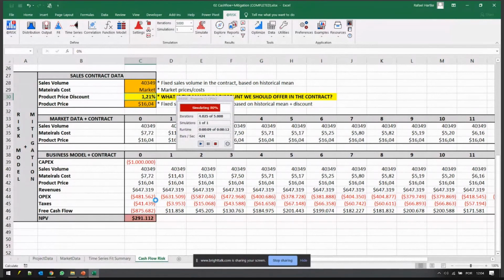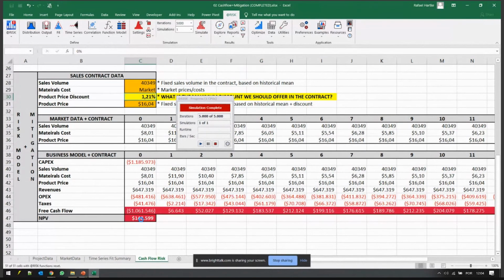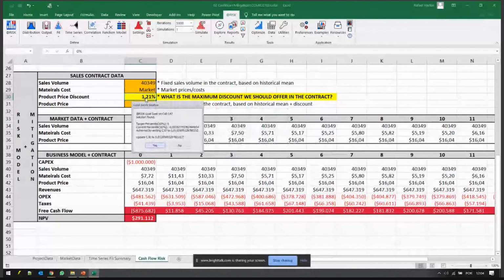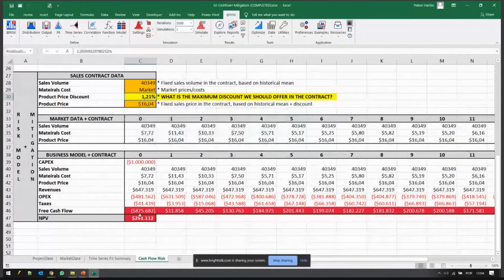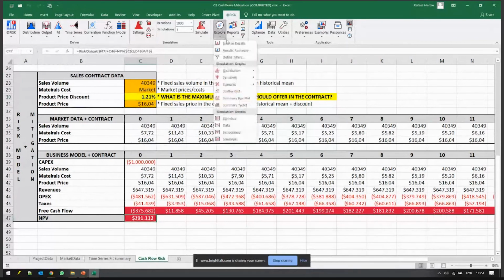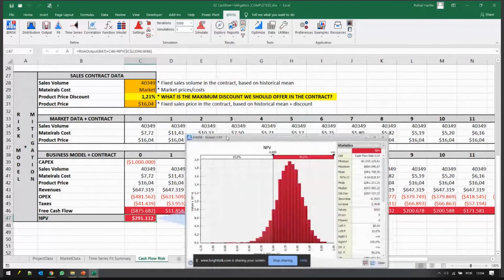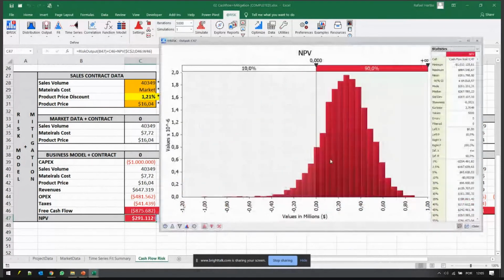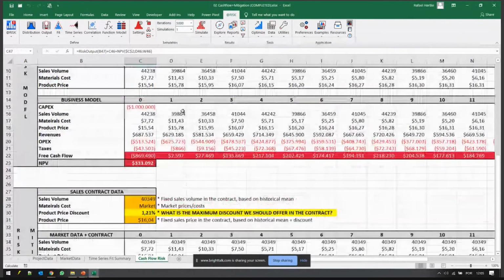So just to finish here, the last example, it ran the simulation and it figured out that with a 1.21% discount, we do have a likelihood of 10% of going negative. So the project is better right now. Before I had a 20% chance of losing money, now I have a 10% chance of losing money.